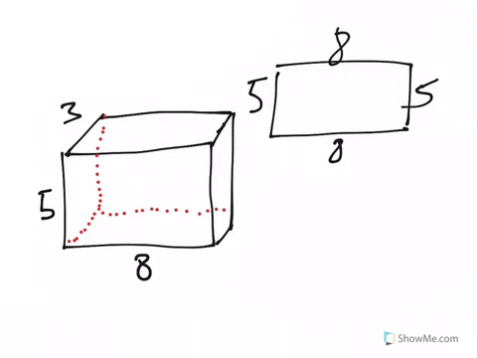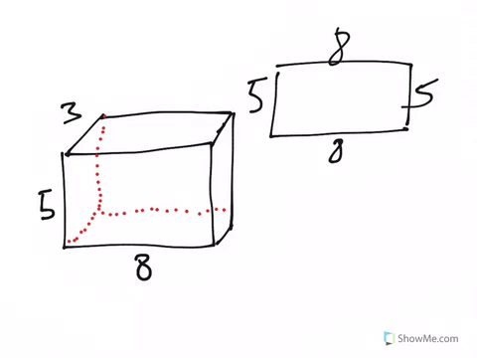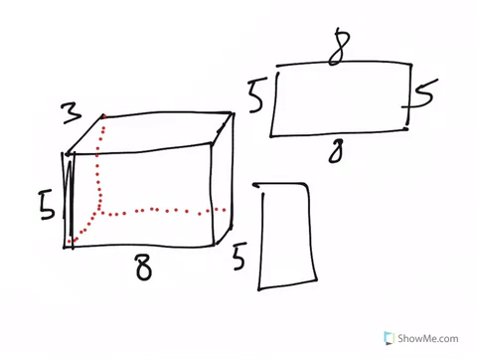So if you take the front here, you have that, and that is the front and the back of the box, so to speak. If we were to look at these two sides here, we have something that looks kind of like this. We can see that we have 5 here, which means this other side would be 5, right? They would be equivalent.